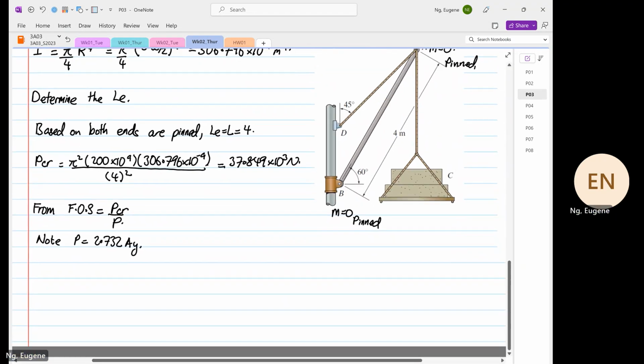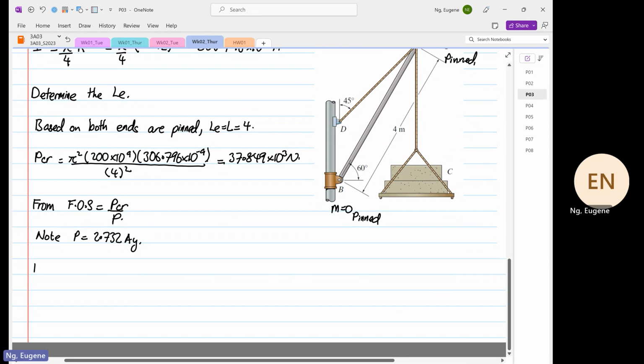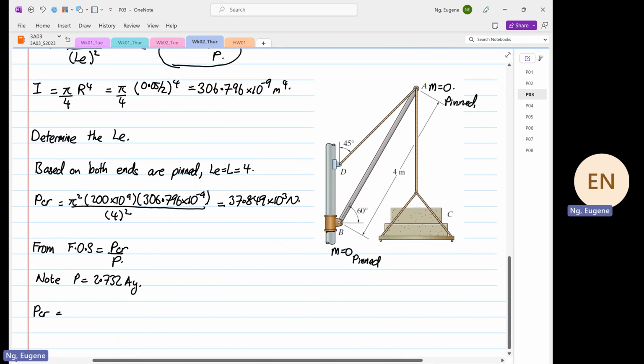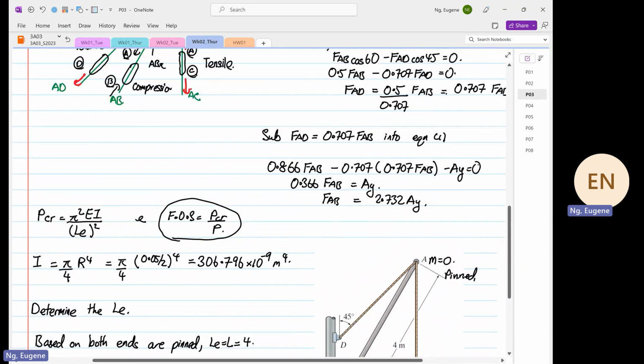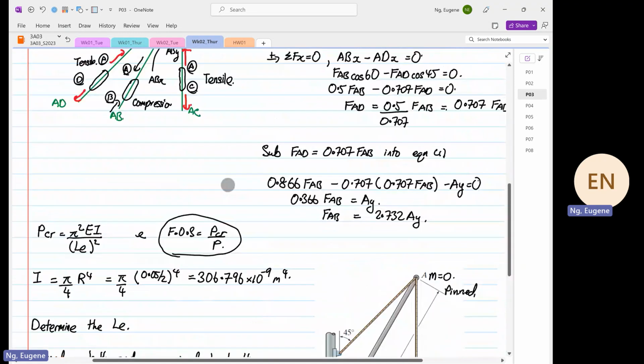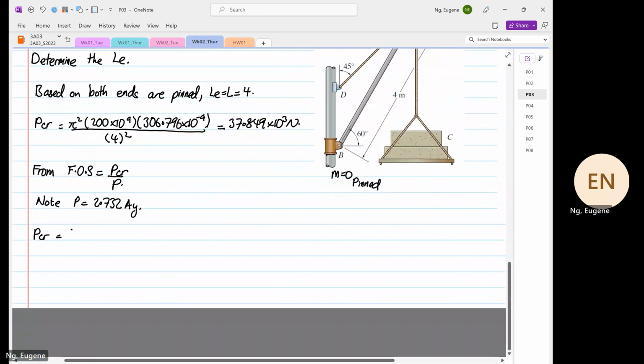So our P critical over here, like I mentioned earlier, is equal to our factor of safety given, which is 2, multiplied by 2.732 AY. So this is equal to 2 times 2.732, so this is 5.464 AY. Okay.